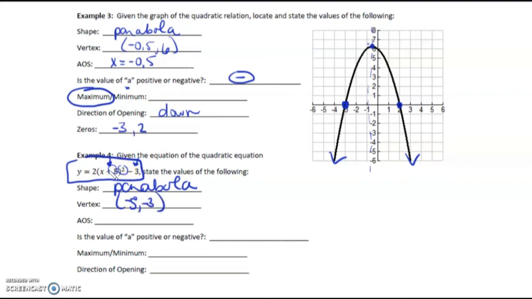Just remember that this h value, you always flip whatever sign you see here. The axis of symmetry is going to be that x value, so -5. Now, this here is the a value, 2, and that's positive. If it's positive, it means it opens up, giving us a minimum.